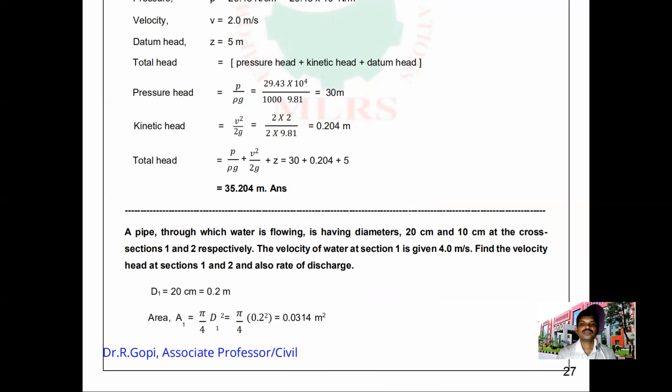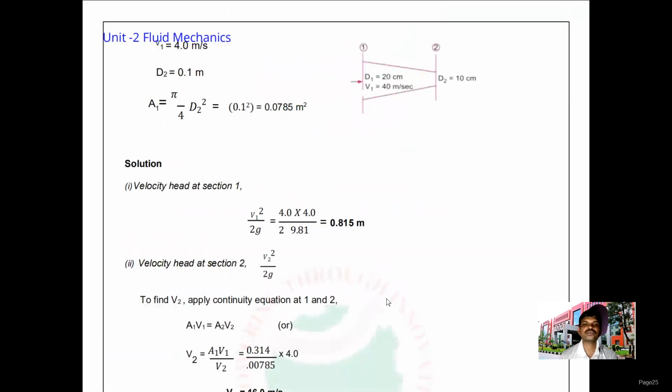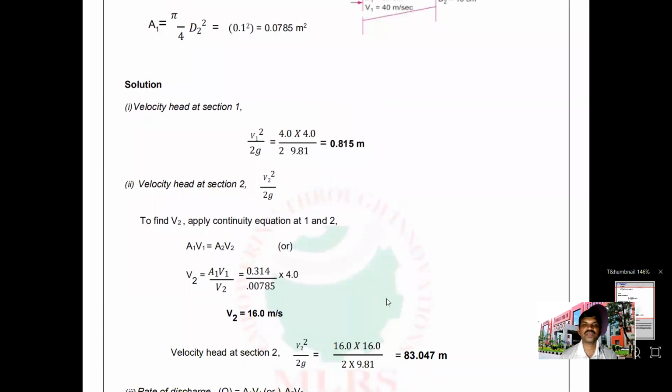So in this class we discussed what is meant by fluid kinematics, derivation of Euler's equation and assumptions of Euler's equation, the derivation of Bernoulli's theorem and assumptions, what is meant by Bernoulli's theorem, applications of Bernoulli's theorem, and two important problems. Next class we will see another two important problems in Bernoulli's equation. So I request all of you to attend without fail.